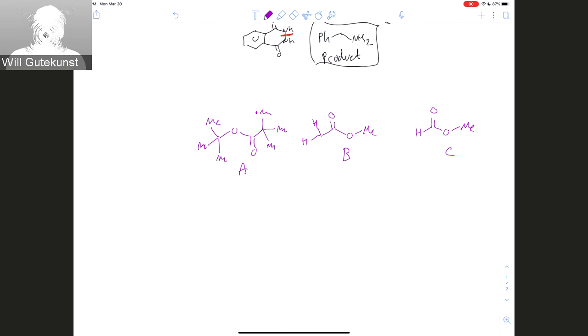The differences, if you were talking about the rate of a reaction, though, that would now become quite different where sterics come into play. So A, B, and C, especially A versus the rest, would have very, very different reactivity just because these methyl groups will block everything from trying to come in and attack this carbonyl that's right here.